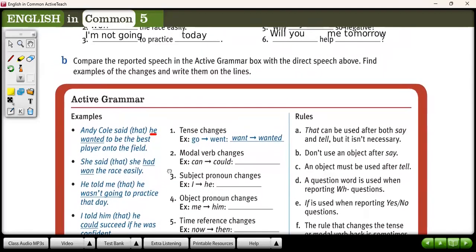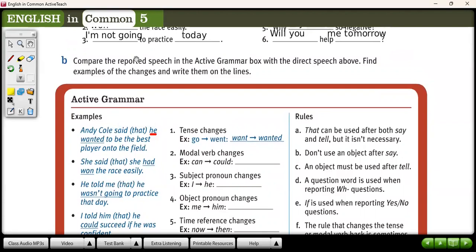Let's see more examples. I'm not going to practice today. So I have a sentence here with be going to. When changing, I need to take one step back into the past. So instead of using be going to in the present, I'm going to use be going to in the past.